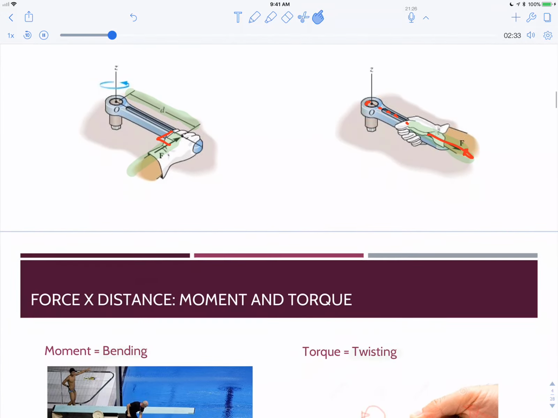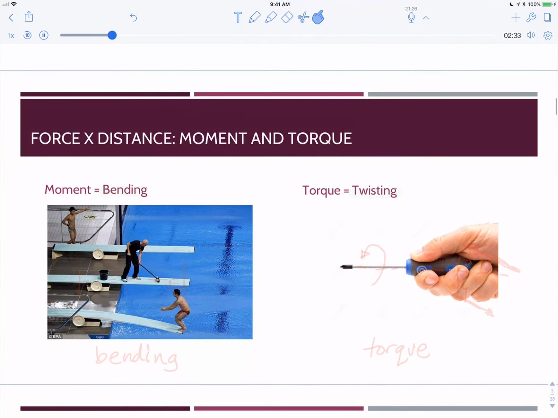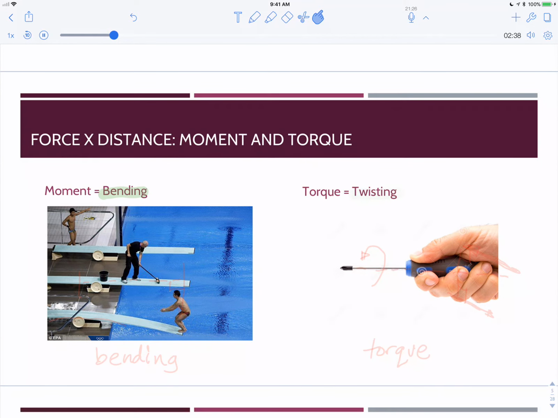There are fundamentally two kinds of moment. There's bending and twisting. Here you see there's a force here, and it's causing this diving board to bend. This would be the perpendicular distance here to the point where it's bending. Here you have a torque.